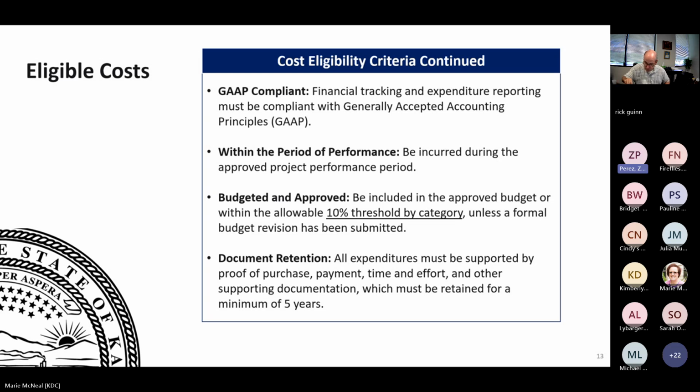You want to make sure you calculate for that specific category that you are not more than 10% over for that section. At the same time, you also want to make sure that you don't exceed the overall approved budget. So if your total budget was $200,000, you can move funds around within the approved categories, but you can't exceed the overall budget. Hopefully that makes sense, and I'm sorry if I described that poorly.